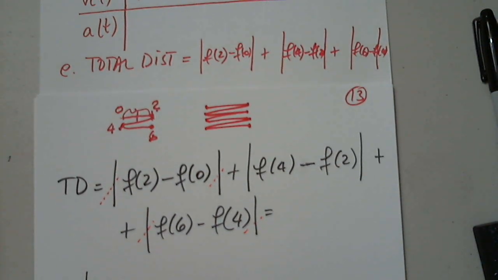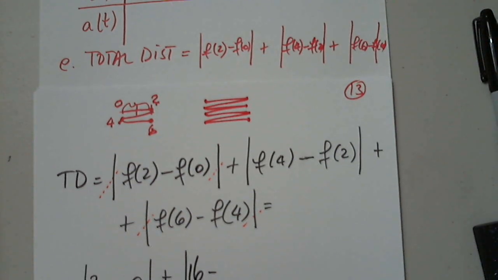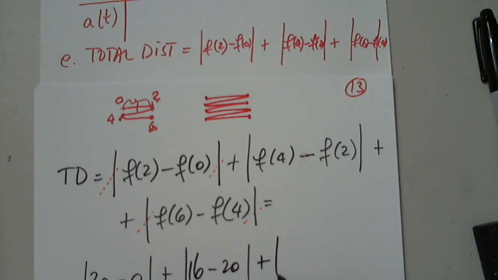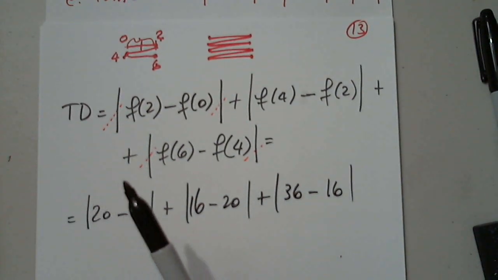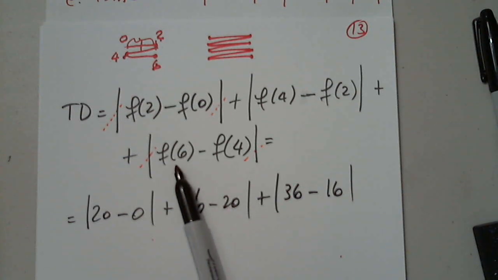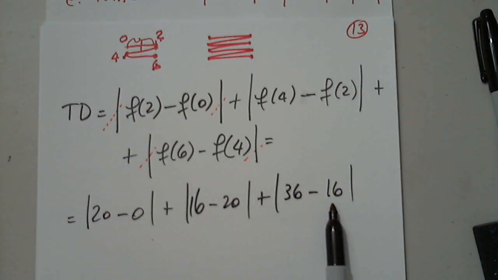So f of 2, 20, minus f of 0, 0, plus f of 4, 16, minus f of 2, 20, plus f of 6, 36, minus f of 4, 16. So 20 minus 0, 16 minus 20, and 36 minus 16.